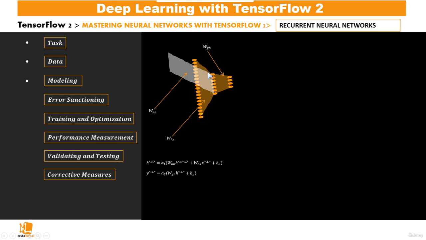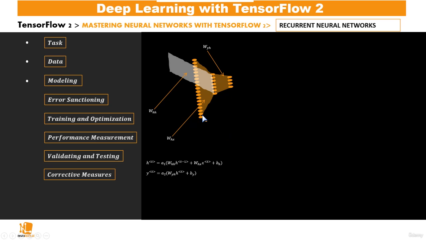And then the weights which link the input X to the hidden layer are WHX, hidden X. And then the weights which link the hidden layer to the output Y are WYH.